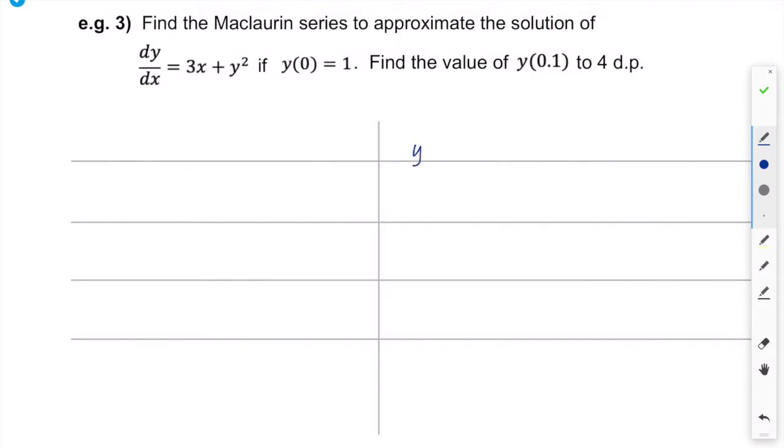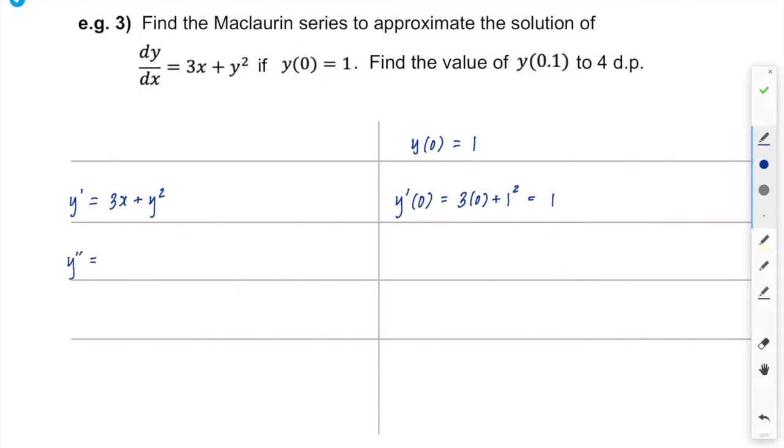I'm going to start by writing down the initial condition of y of 0 equals 1, and also the first derivative as 3x plus y squared. So I know that y prime at 0 is going to be 3 times 0 plus 1 squared, which is 1.